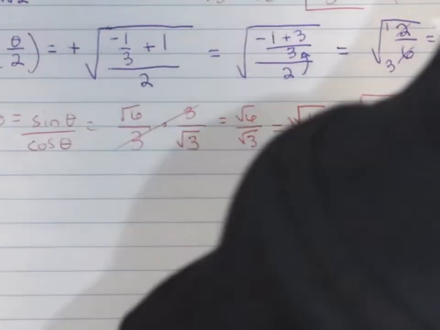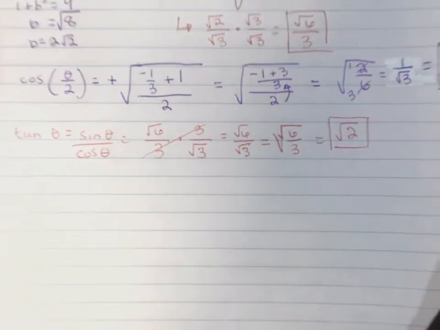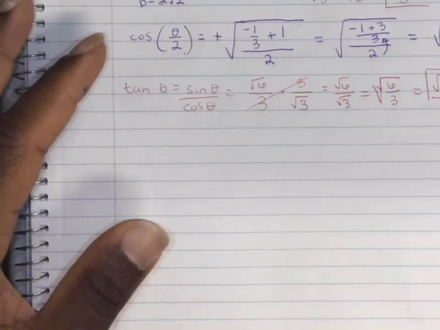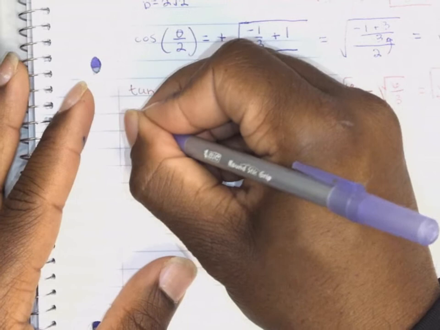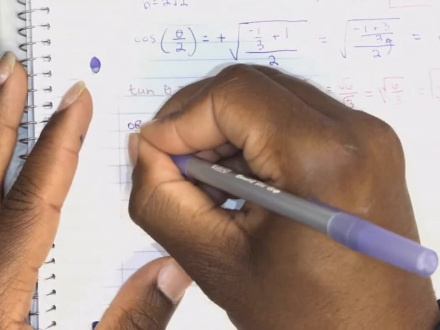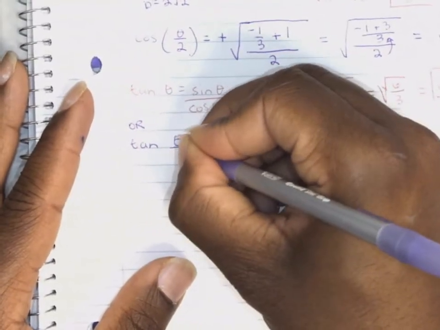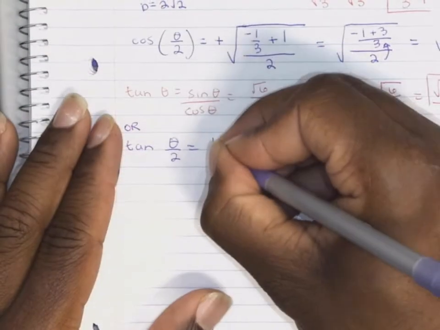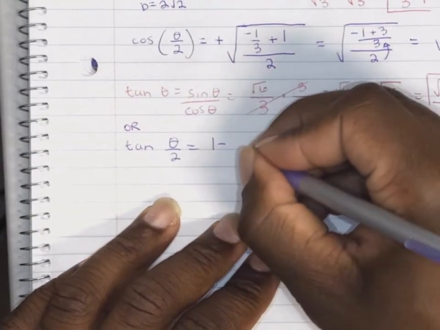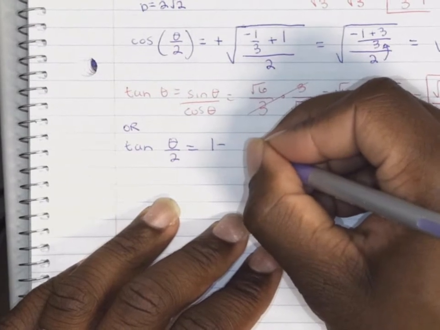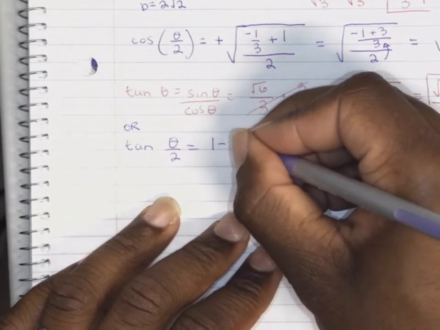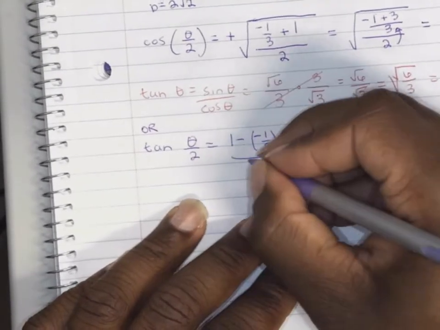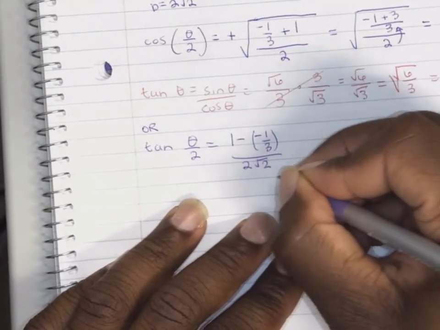Let's use the formula and see if we get the same thing. So let's do tangent's half angle formula. So tangent of theta over 2 equals 1 minus cosine. Cosine was -1 over 3 divided by sine, which was 2 root 2 over 3.